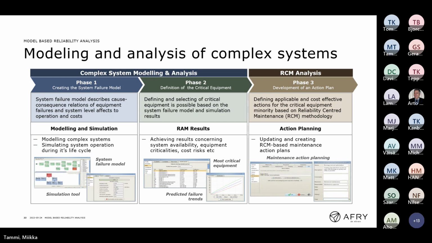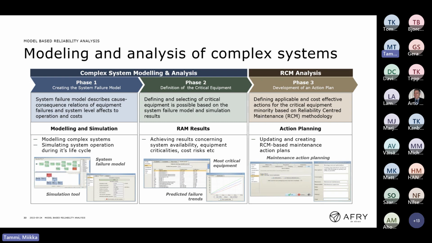Normally, we separate this kind of modeling and analysis in 3 phases. First is creating the system failure model. Second one is definition of critical equipment, and the third one is development of an action plan. So first, the system failure model describes cause-consequence relations of equipment failures and system level effects to operation and costs.